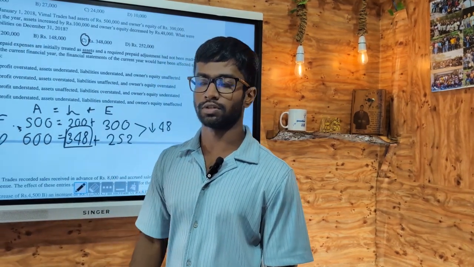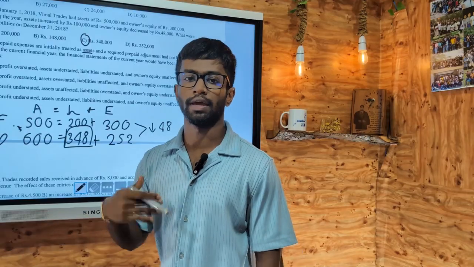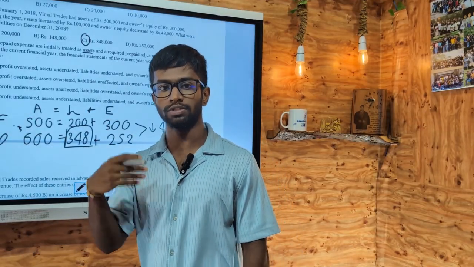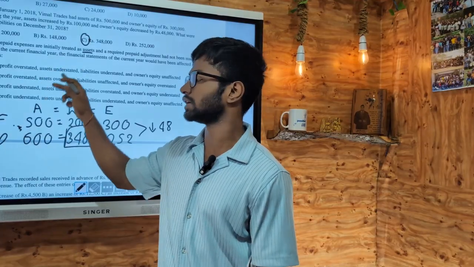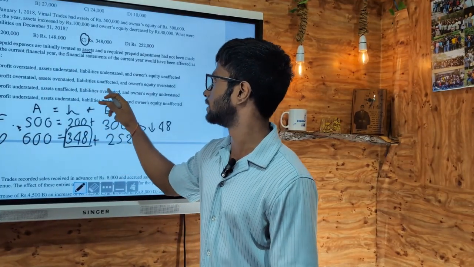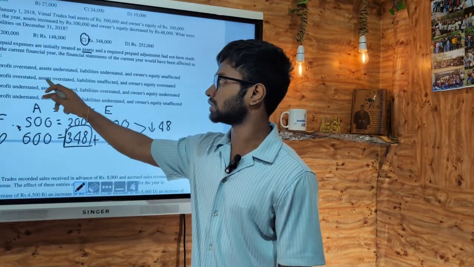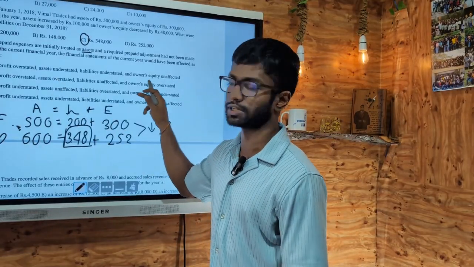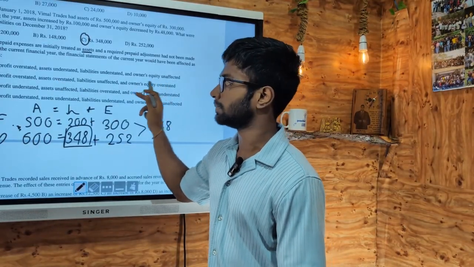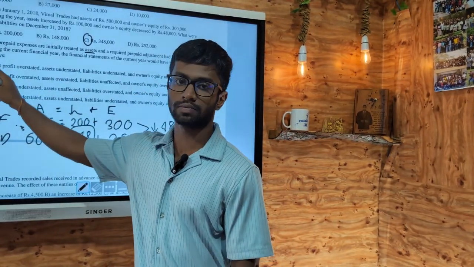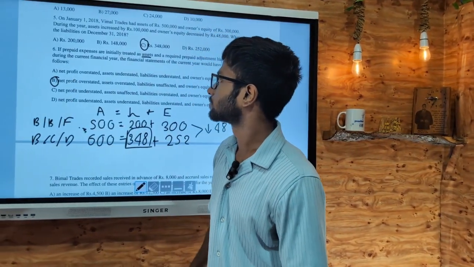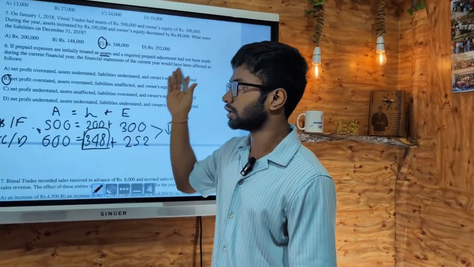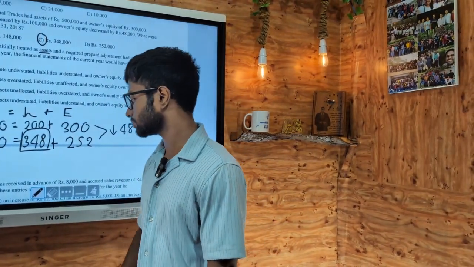For example, say rent. You pay rent for the next accounting period, you can use that building in the next accounting period. So that is an asset. So you overstate the asset, but no effect on liability. And since assets are overstated, equity is also overstated. That means that would overstate your profits. Simply, because assets go up, then your equity also goes up.